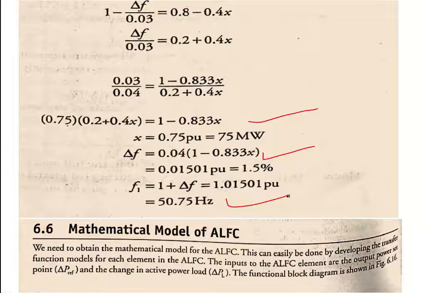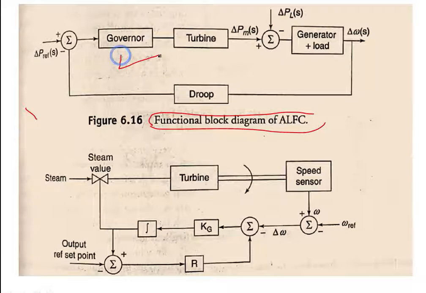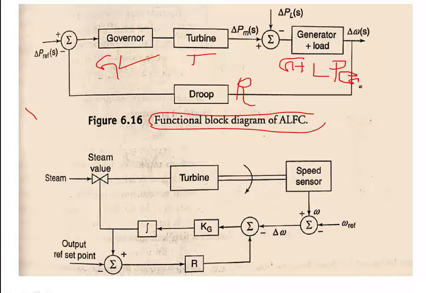Then let us discuss the next concept, that is the mathematical model of ALFC. So this is the functional block diagram of ALFC. This block diagram of ALFC consists of governor, which is represented as G, and turbine. This group is represented as R, and generator plus load, you can call it as G plus L, or else you can call it as power generated by generator and load, which is PGL.